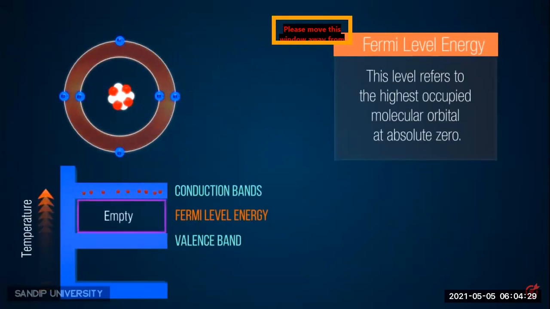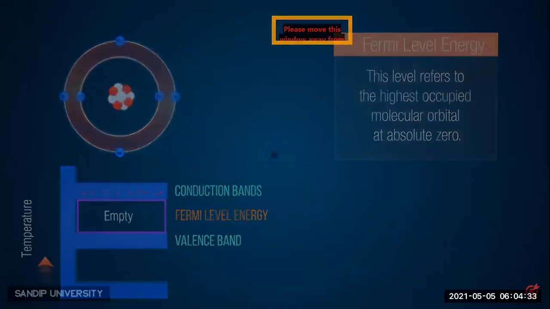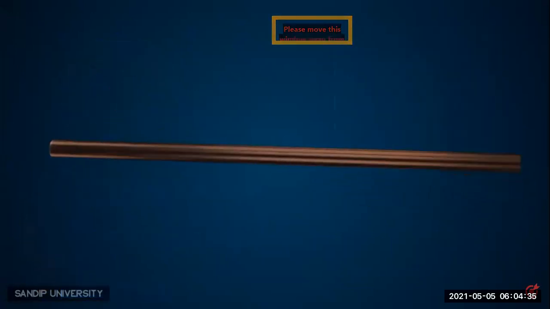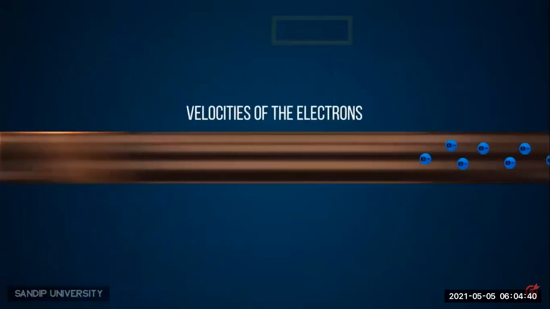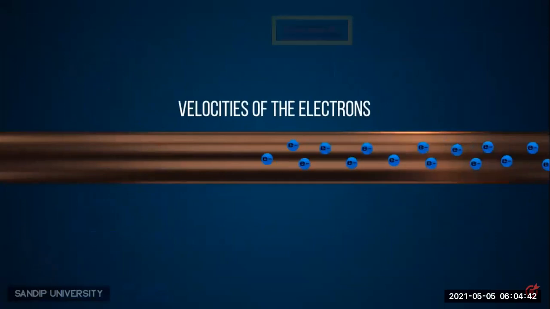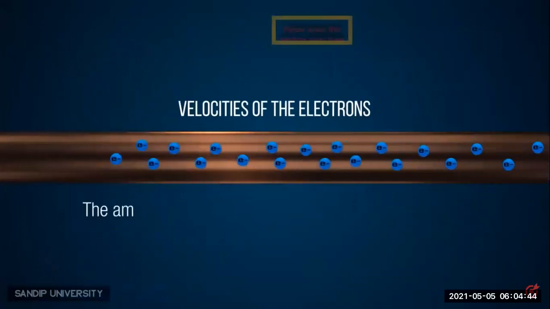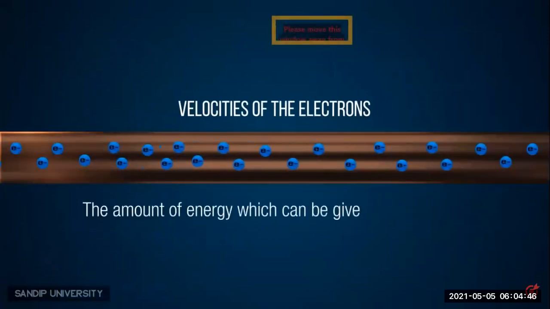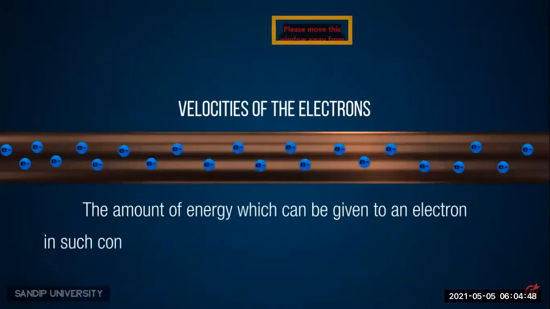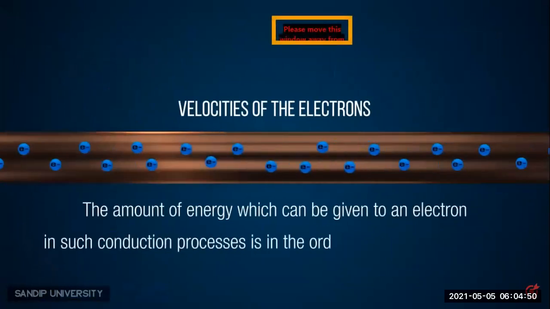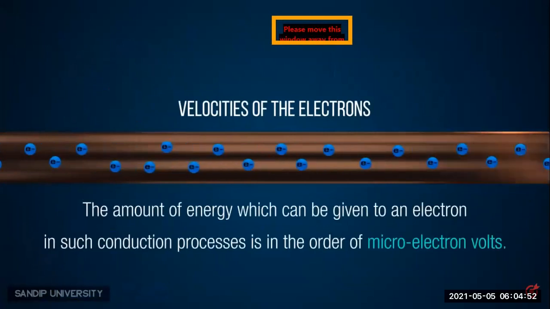It's pretty much the same thing which you might have inferred, but let me reiterate here for you. In metals, the Fermi energy gives us information about the velocities of the electrons which participate in the ordinary electrical conduction. The amount of energy which can be given to an electron in such conduction processes is in the order of microelectron volts.